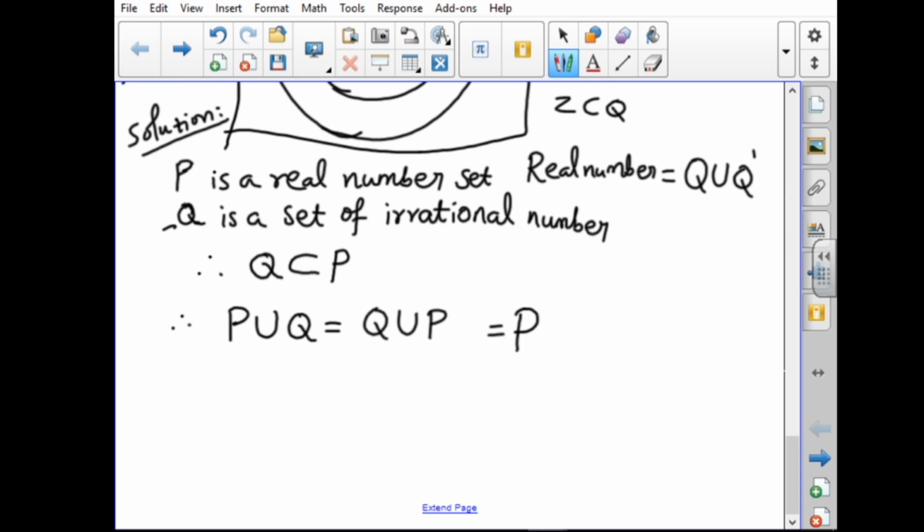For union. If you are finding the intersection, we will get the small set, that is the irrational number set. So we check the commutative property is satisfied. Therefore union of sets is commutative.